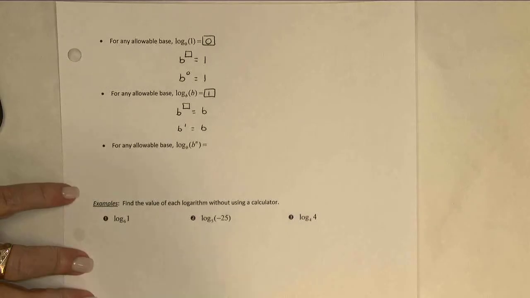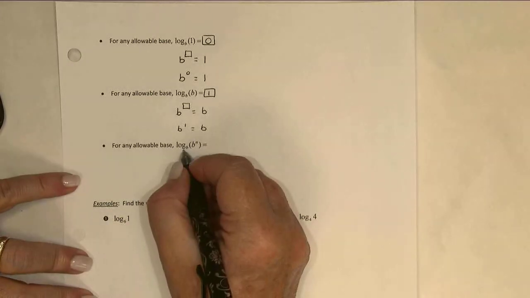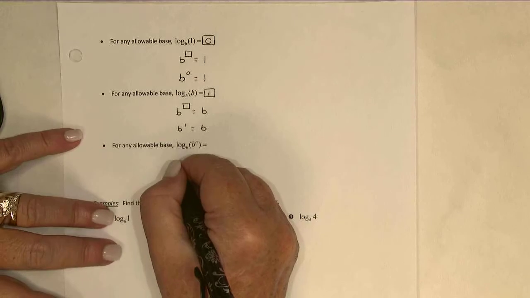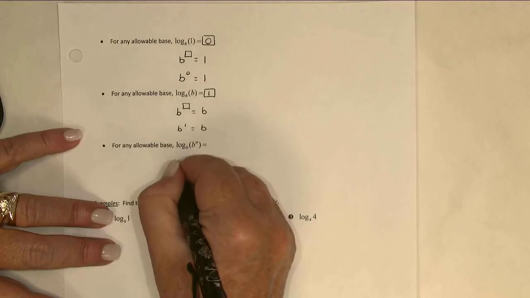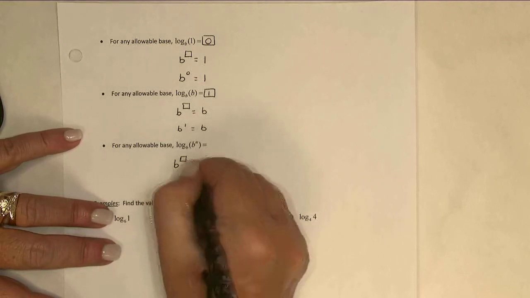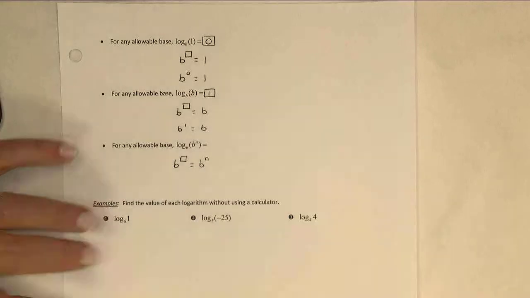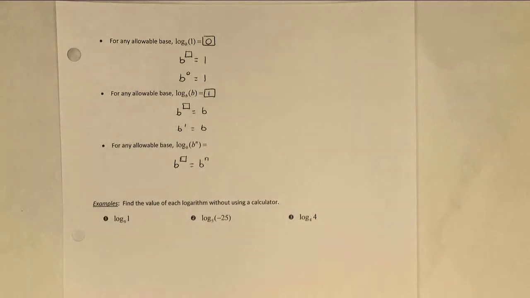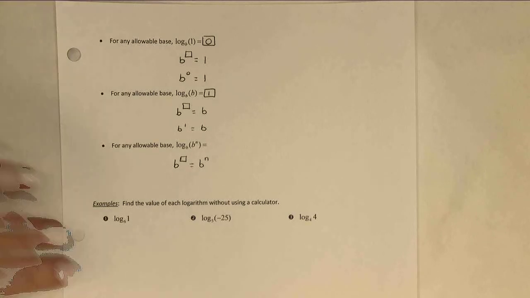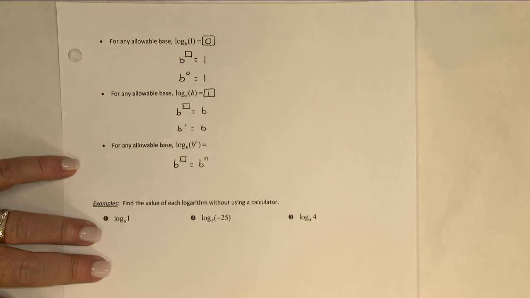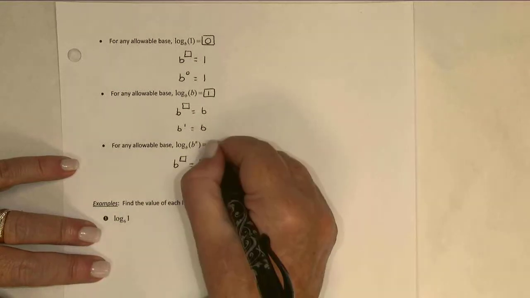Our last little property, the logarithm base b of b to the n power. We have b raised to what power is equal to b to the n. That almost seems like we've answered the question right in the question, because obviously the exponent I have to put in there is n to make it match that side. So that logarithm is simply n.